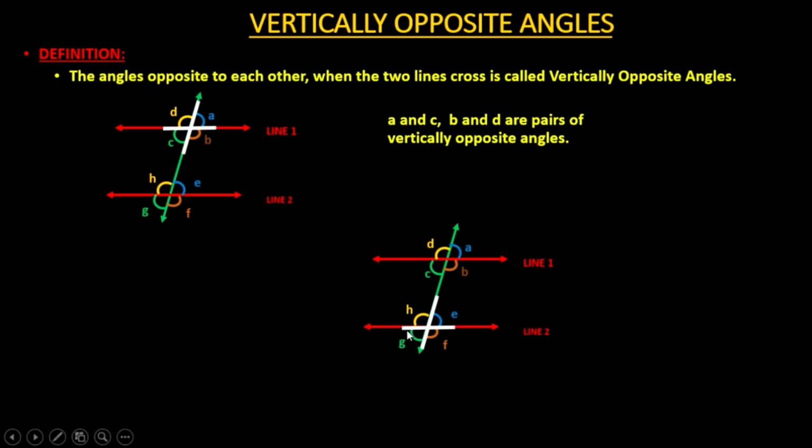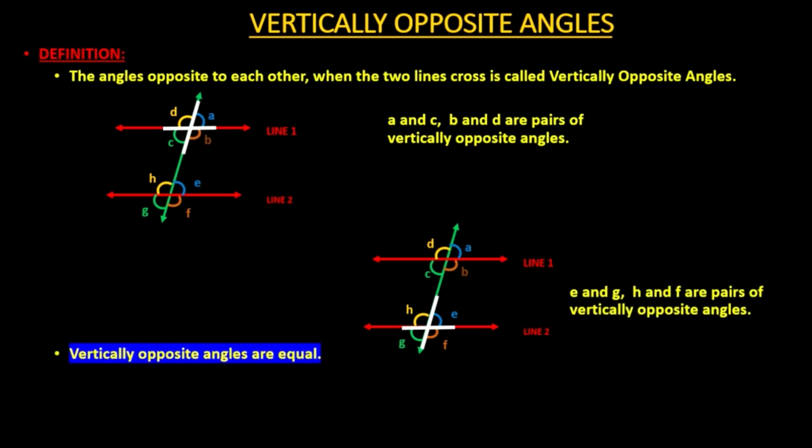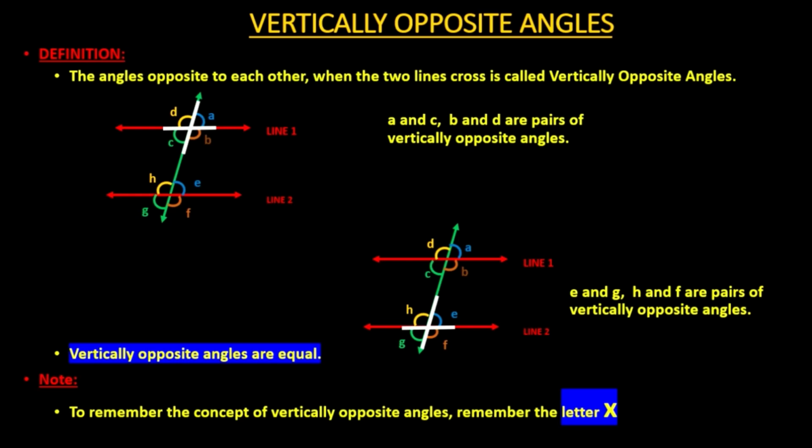Another set of vertically opposite angles here: E and G form a pair, H and F form another pair. Vertically opposite angles are equal. Note: to remember the concept of vertically opposite angles, you must remember the letter X, that is the shape of the white line.